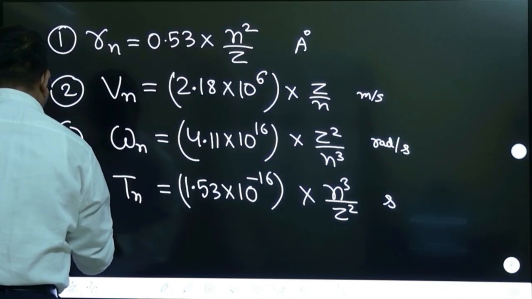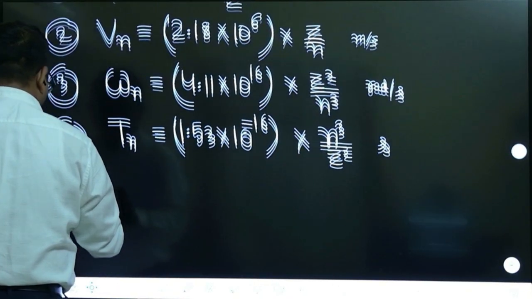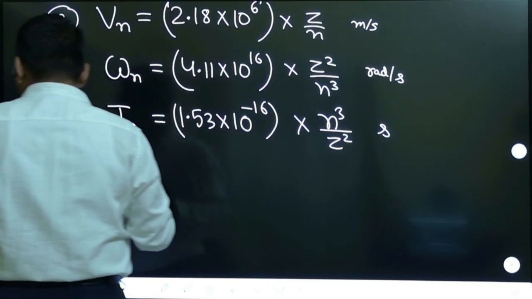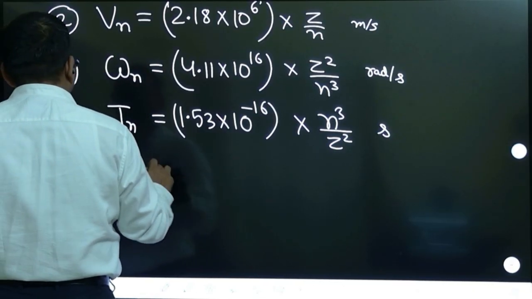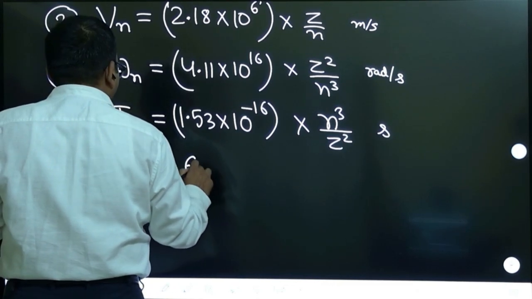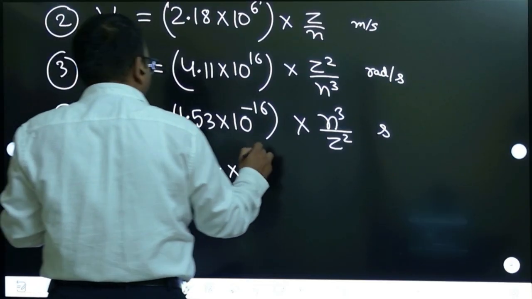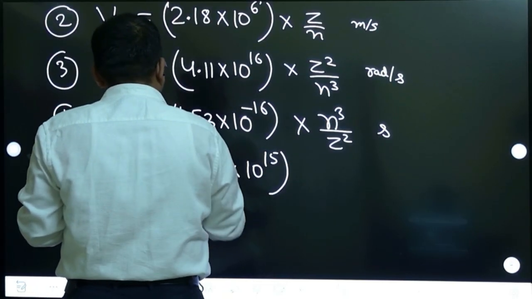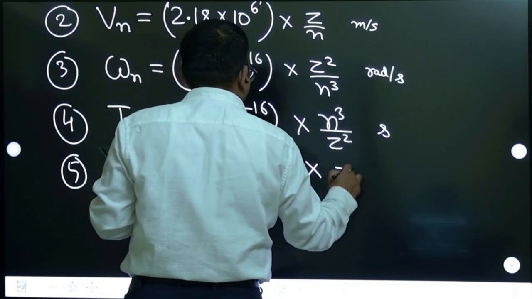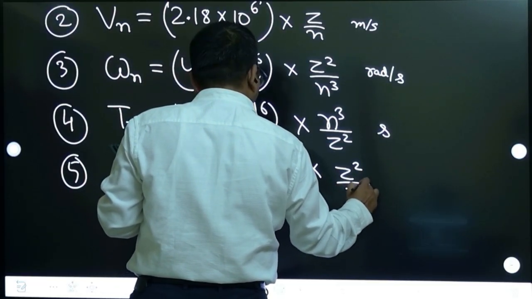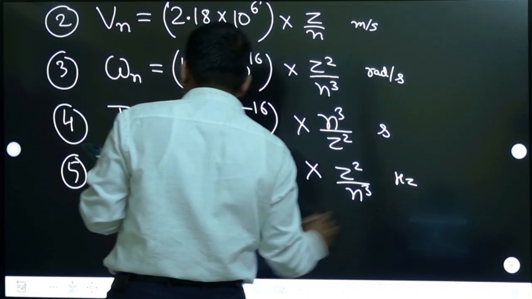Next, frequency. Frequency is 6.54 into 10 raised to the power 15 into Z square by n cube. Frequency is in hertz.